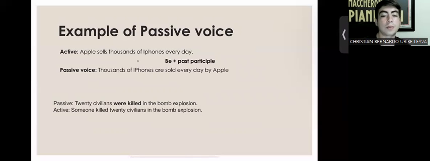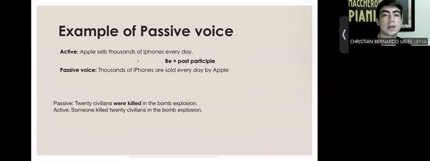One example of passive voice versus active: Apple sells thousands of iPhones every day. In this, the grammatical form or structure is verb to be and past participle.